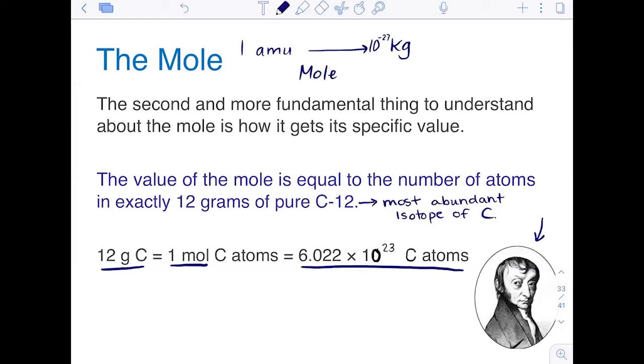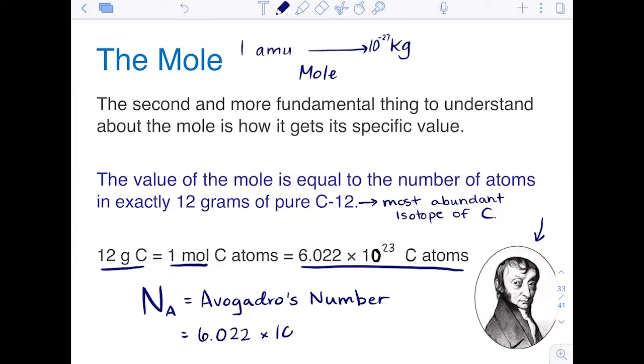This is where we get the value N sub A, or Avogadro's number. Avogadro's number is 6.022 times 10 to the 23rd particles per mole. I'm going to change it to particles here, so that we can understand this isn't just related to carbon.